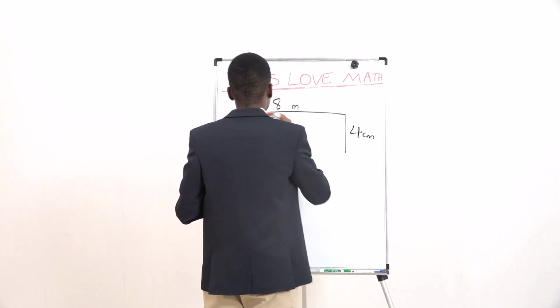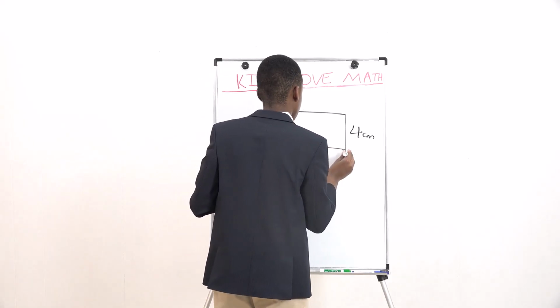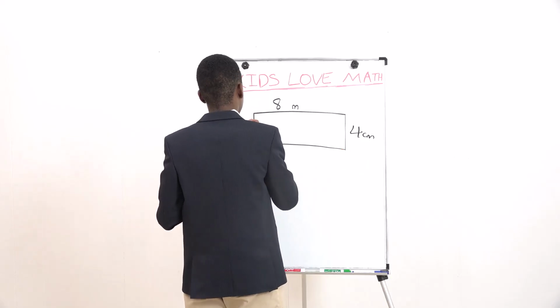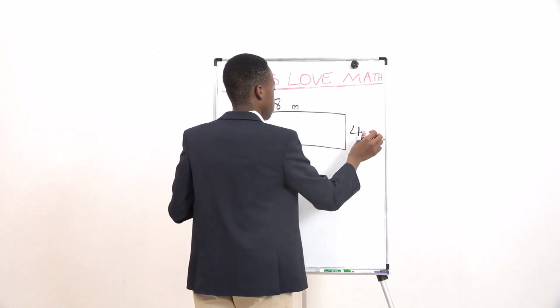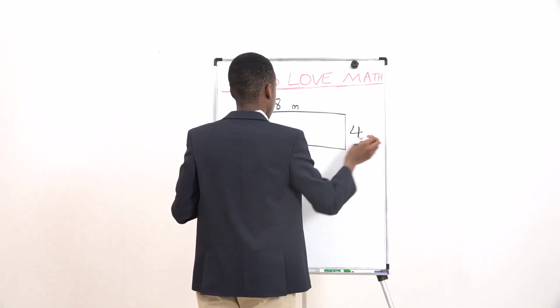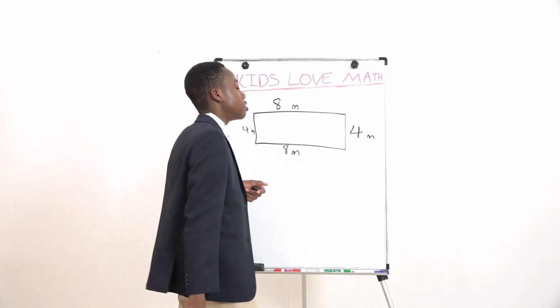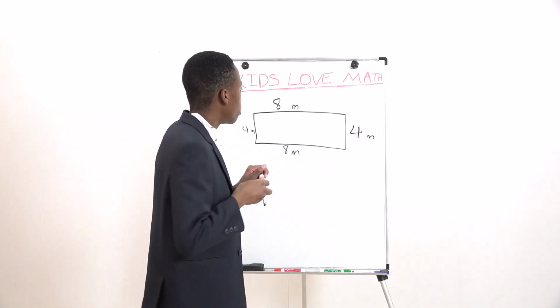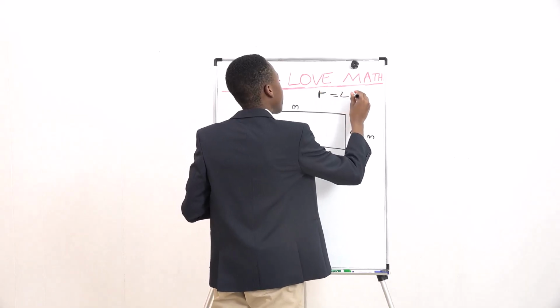Obviously we're going to do the same on the opposite sides: 4 meters here and 8 meters here. I'm going to keep saying centimeters, sorry. So we do know that the formula is length times width.